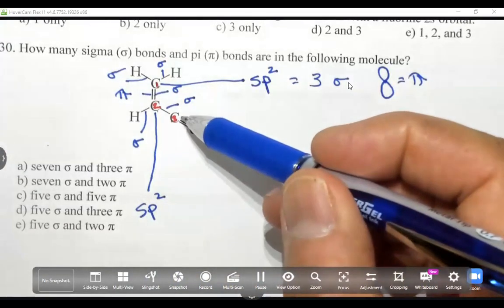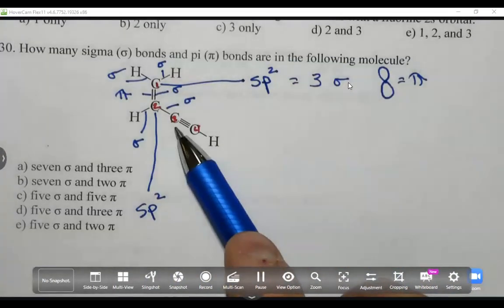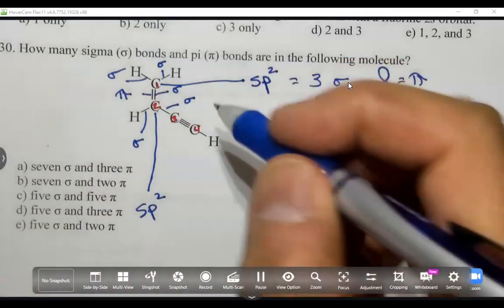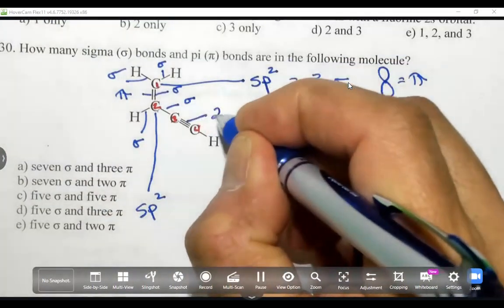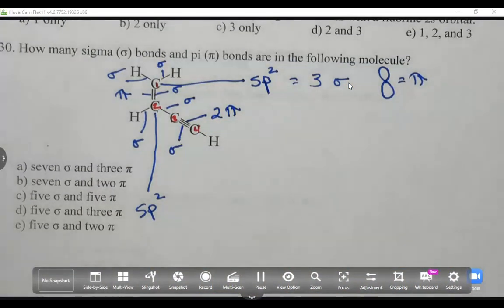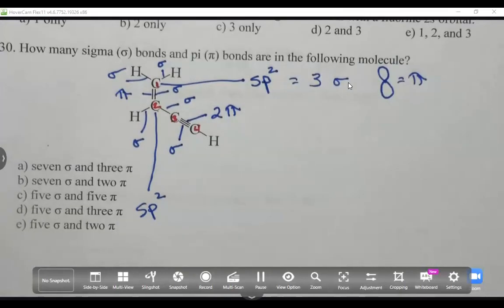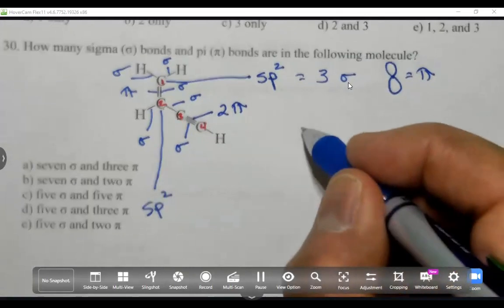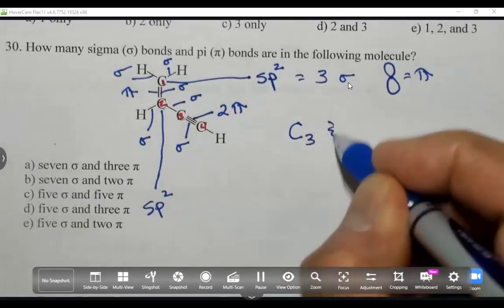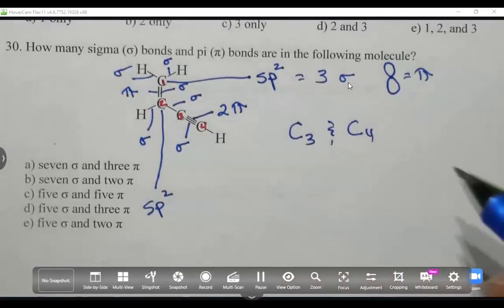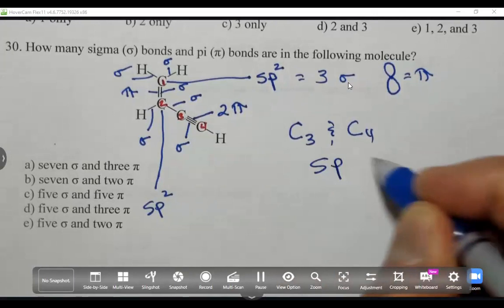This carbon right here, carbon 3, has a triple bond with carbon 4. How do you get a triple bond? 2 pi's and a sigma, correct? What is the hybridization for carbon 3 and carbon 4? Carbon 3 and carbon 4, sp hybridized.